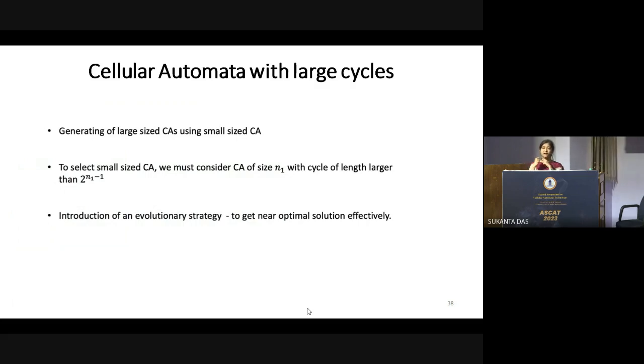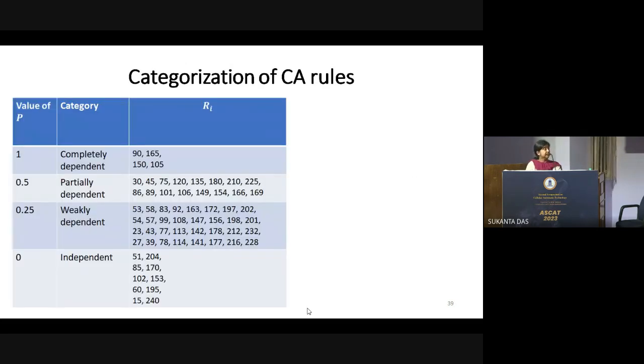Now, there may be a question: what are significant features? Actually, we select those cycle lengths where the factors are fewer. Fewer factors means they help in finding co-prime numbers, and then we do the LCM, and ultimately we get some results. These I have already shown.